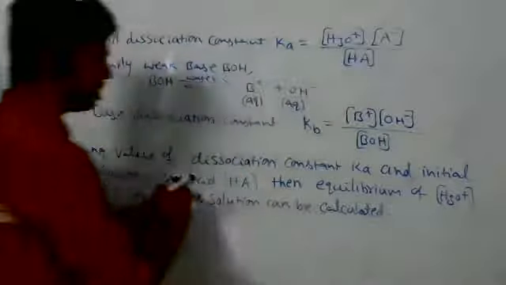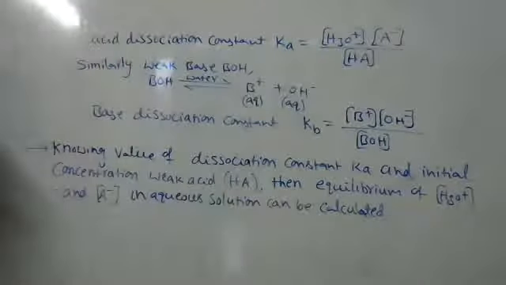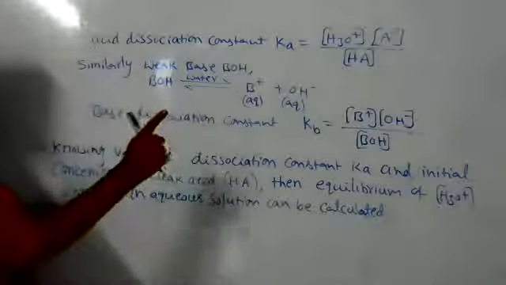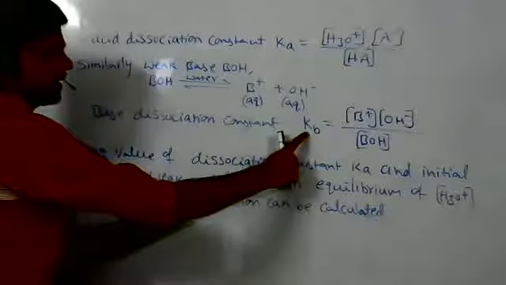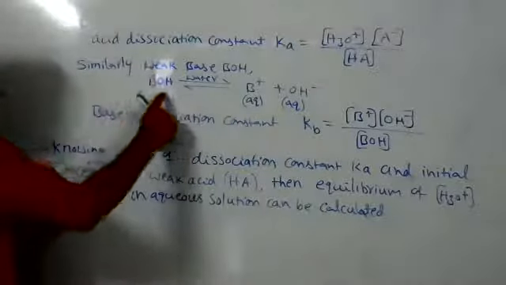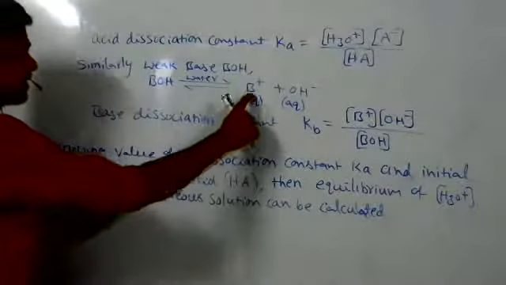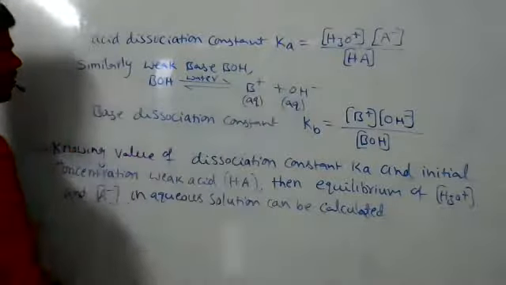So this is related to weak acids. The same point we can apply for weak bases also. So for weak bases, by knowing the Kb value and the initial concentration of the weak base BOH, we can easily calculate the equilibrium concentration of B plus and OH minus.